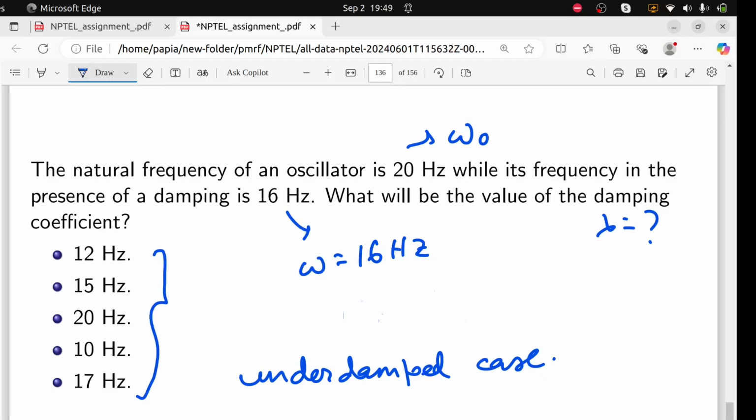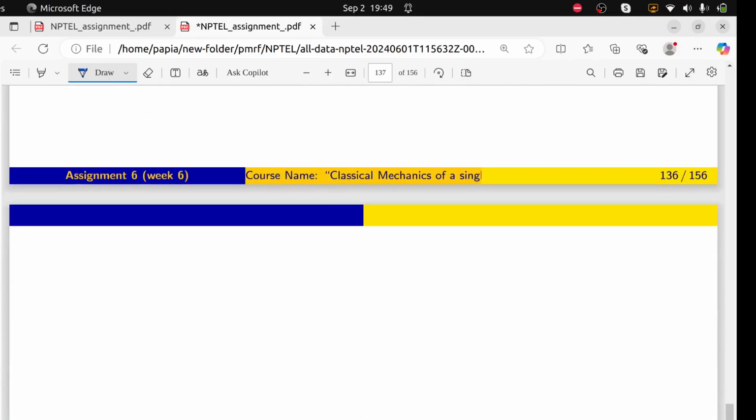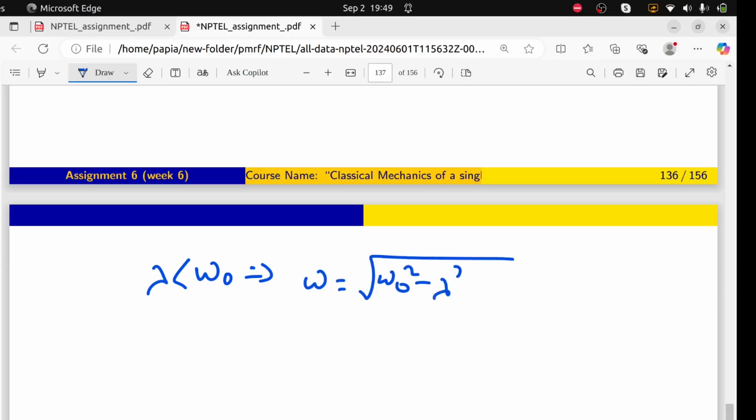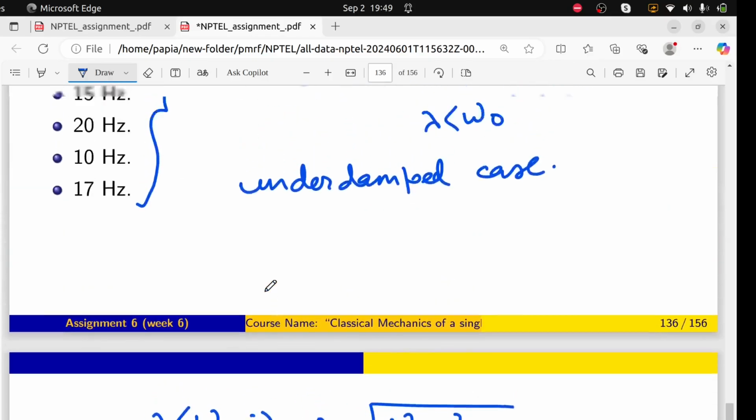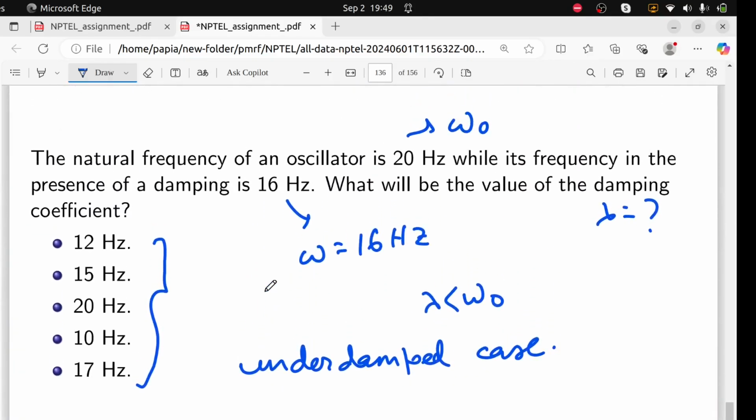So we can see that lambda is less than omega 0, right? So lambda is less than omega 0, that means omega will be root over omega 0 square minus lambda square. So omega is given as 16 and omega 0 is 20.